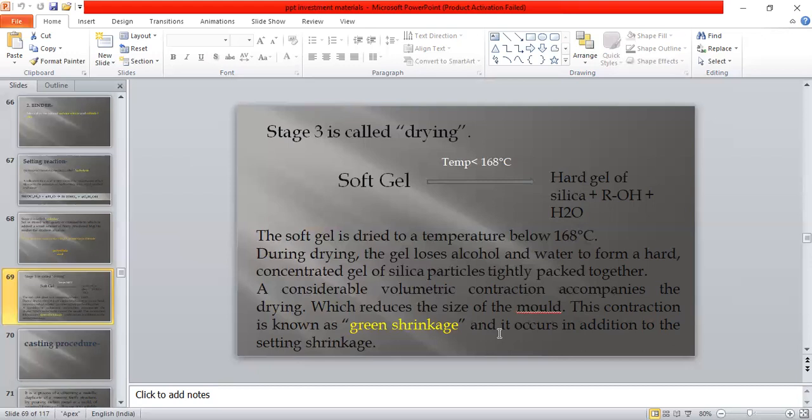Phosphate bonded investment material is used for casting of cobalt chromium alloy, and it can withstand high temperatures, that is 850 to 1504 degrees centigrade. Ethyl silicate bonded investment material is used for investment of the silica, and its ADS specification number is 126.